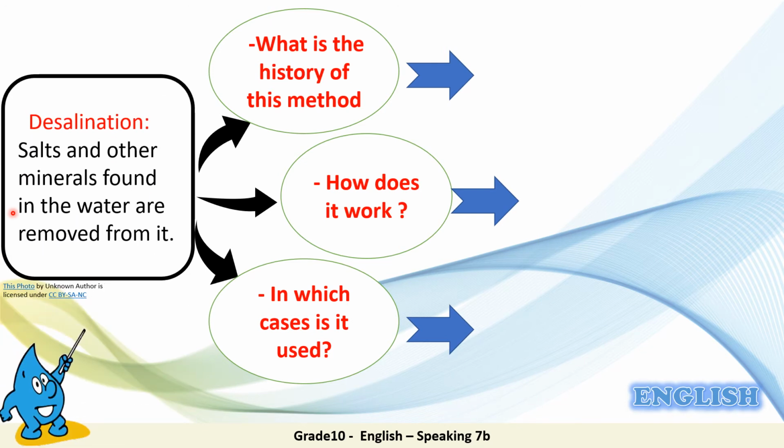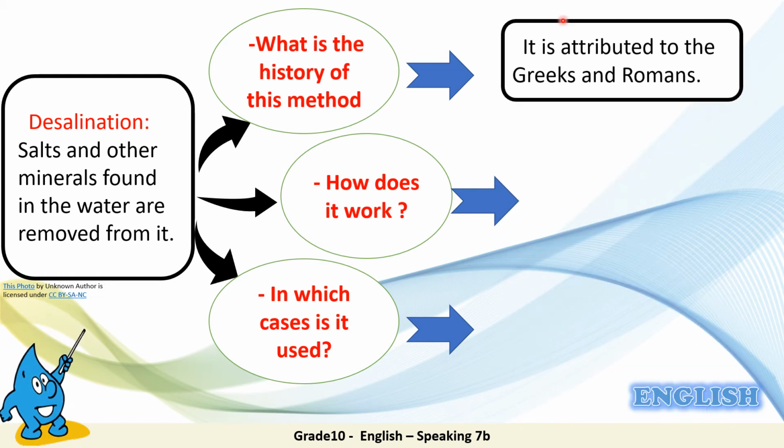Desalination is removing the salts and the minerals found in the water. Very good. How about its history? Yes, it is attributed to the Greeks and the Romans. They are the first who used this process of desalination to face water shortage.